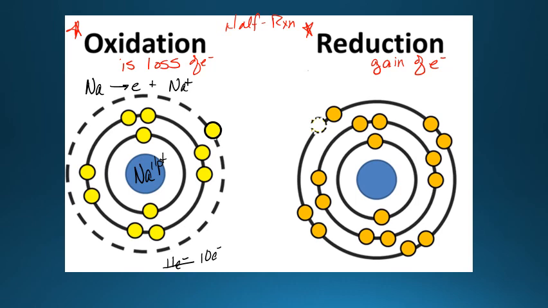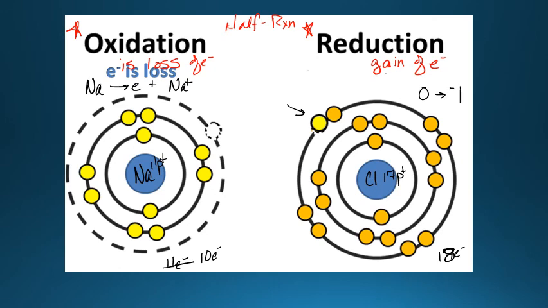Now, where does the electron go? The electron goes from sodium over to chlorine. Chlorine had 17 protons, and it had 17 electrons for an overall charge of 0. But now that it gained this electron, it has 18 electrons. 17 positives and 18 negatives means the charge was reduced.